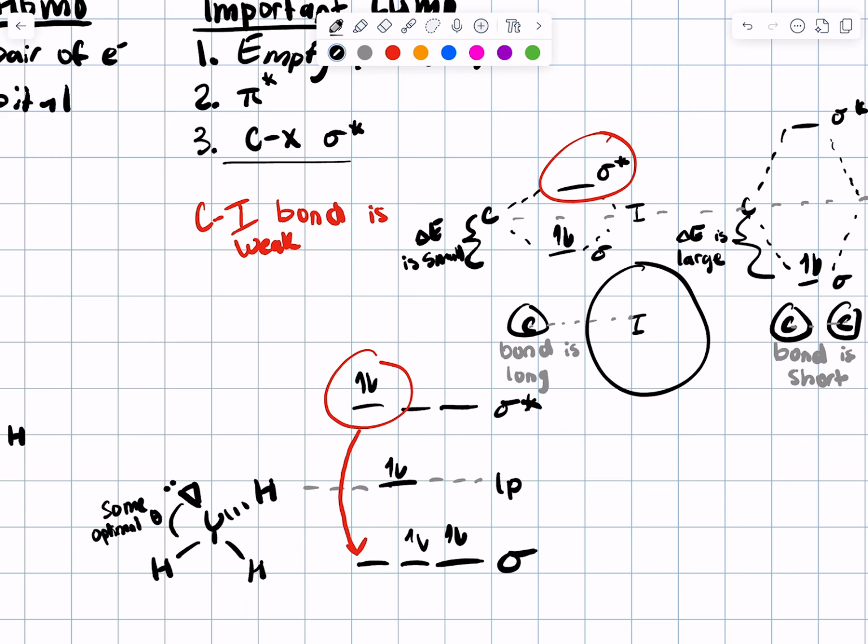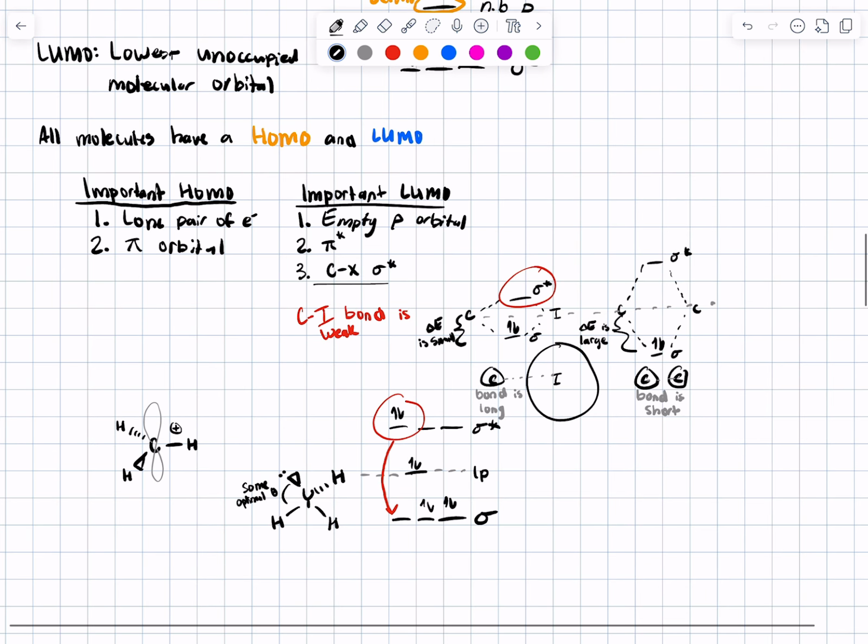A weak bond means the sigma bonding orbital is not as low in energy as the other sigma bonding orbitals, and correspondingly the sigma star for that bond is also not as high in energy as the other sigma star antibonding orbitals. So if you can identify a weak bond and there's nothing else going on in the molecule, then that's a good guess for the LUMO.